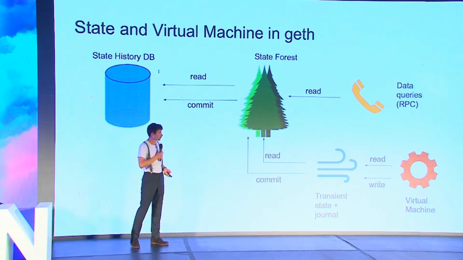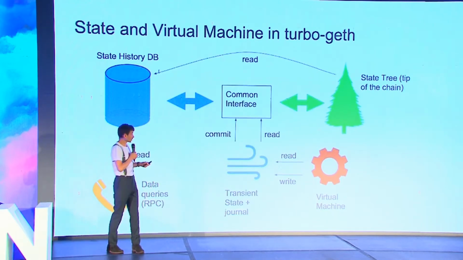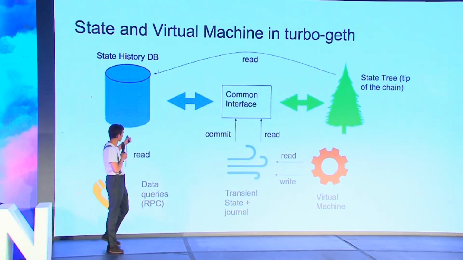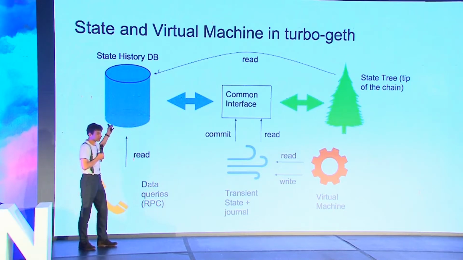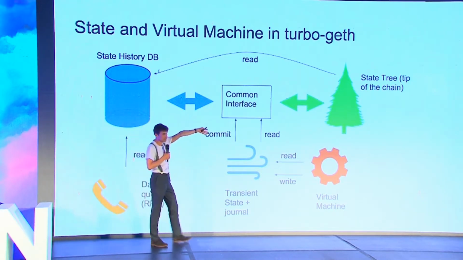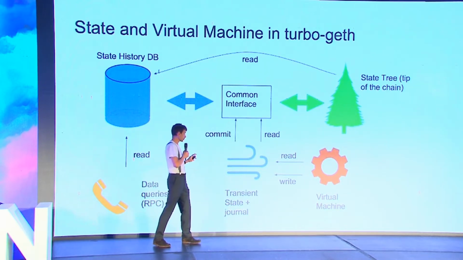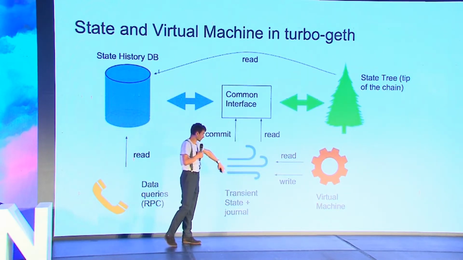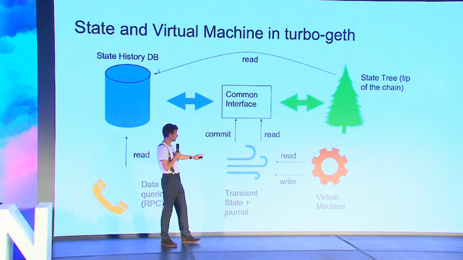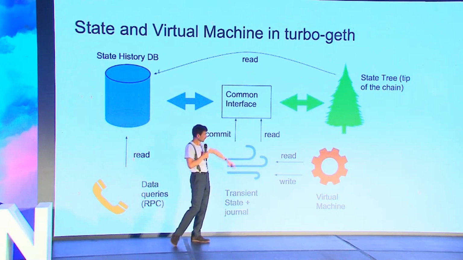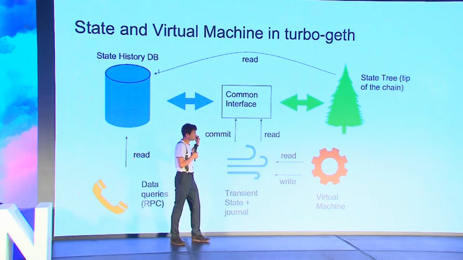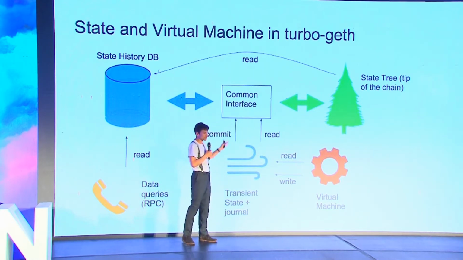So let's see how it looks in turbo-geth. Because the database doesn't know anything about the tree, they can be almost completely decoupled. And that has some interesting properties. So here we've got, again, virtual machine, transient state, everything is the same. But when we commit the state, it goes to both things using a common interface.